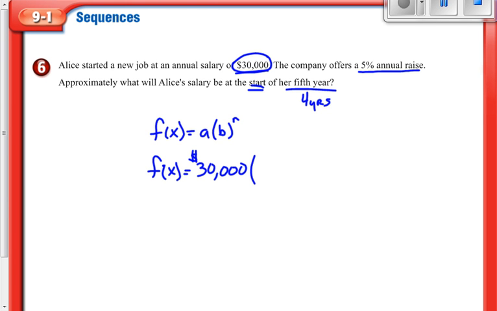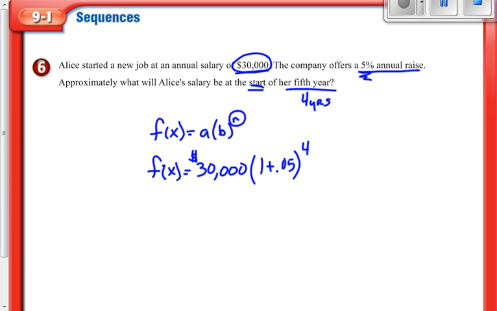B is going to represent that common ratio. Well, she's going to have a 5% annual raise. So basically, we're going to have 1 plus the 5% raise, that 1 including that whole number of 30,000. And we need n representing the number of years, in this case being 4 years, because she's only had 4 years. This is the start of her 5th year.